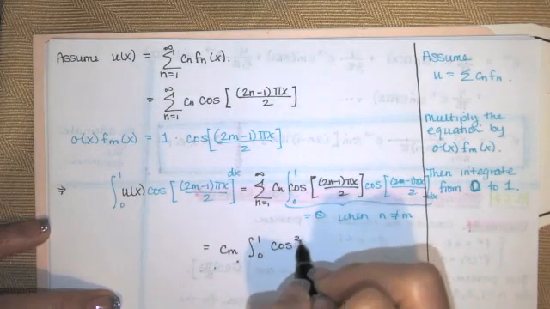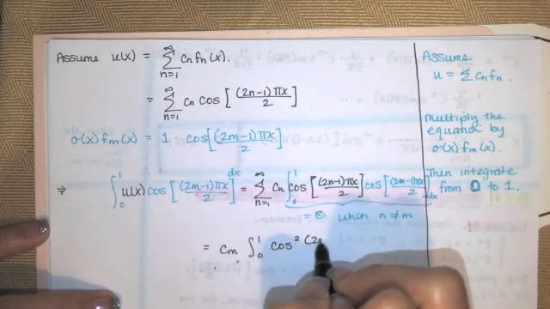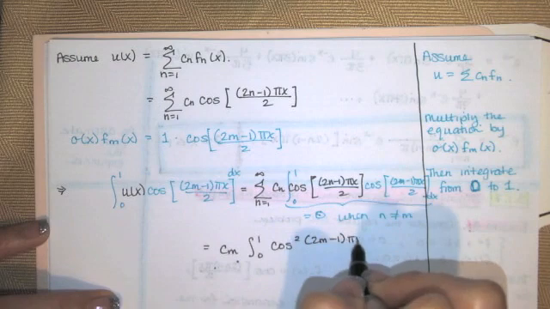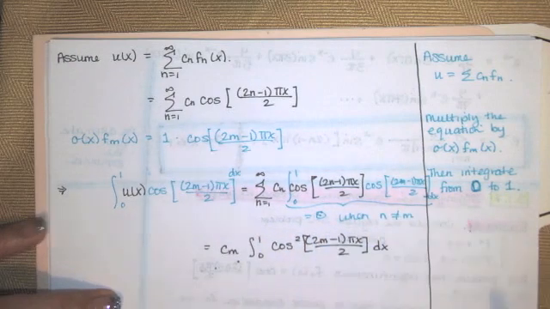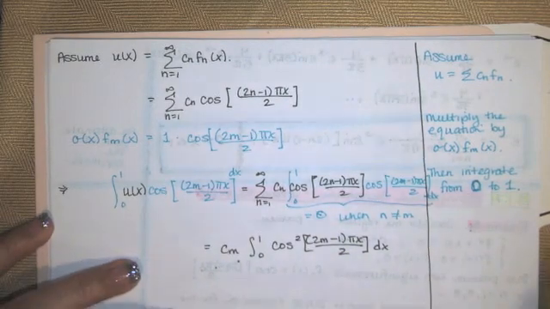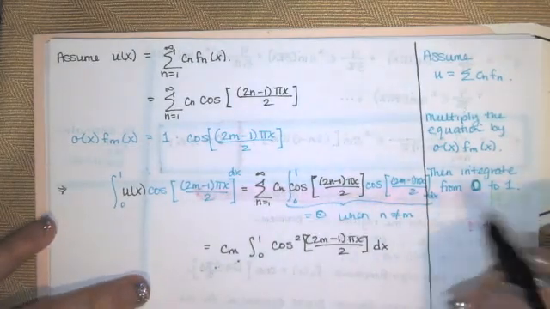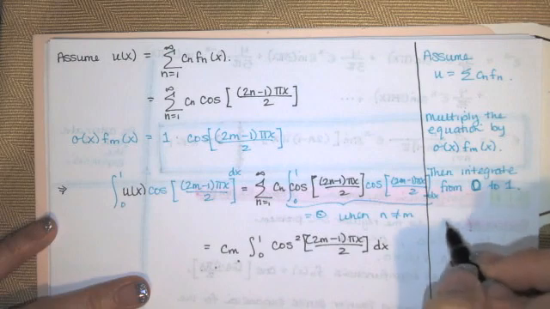They're going to be exactly the same. So we're going to have a cosine squared of 2m minus 1 times pi times x, all divided by 2. We're going to integrate that. And again, this comes from the fact that our functions are orthogonal.